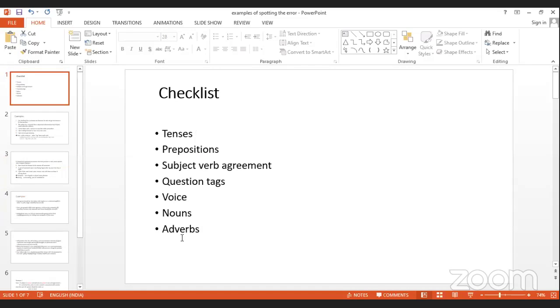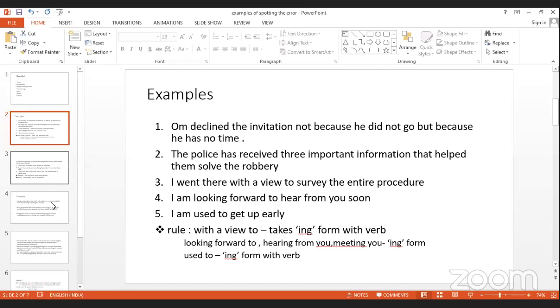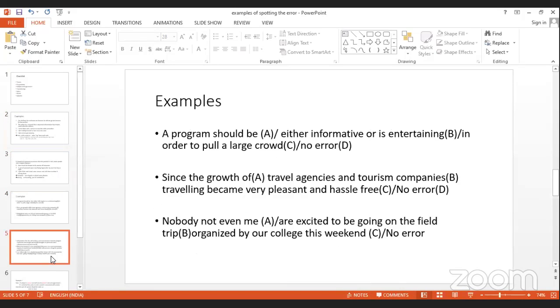In each sentence, there will be different, maybe tenses and prepositions, maybe subject verb agreement and voice. So everything won't be there in a sentence, but some of them. So you have to keep in mind these checklists and find the errors. This we did yesterday.